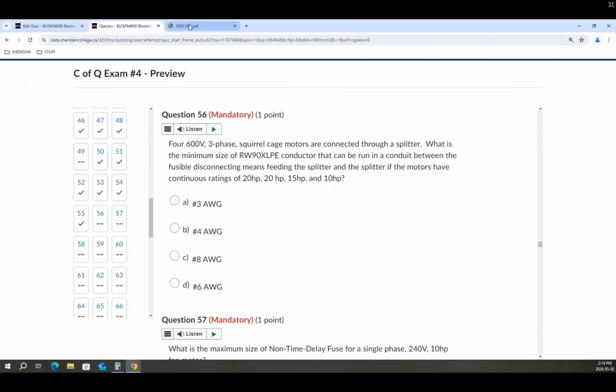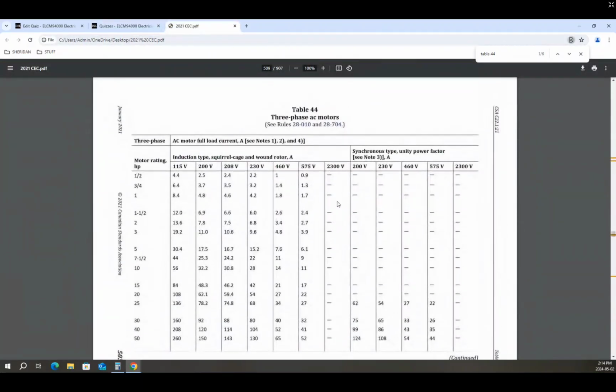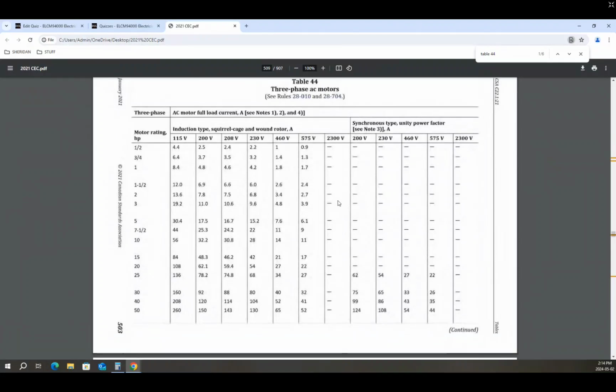So I'm going to go back to table 44, and my 20 is 22 amps. My 15 is 17 amps. My 10 is 11 amps.